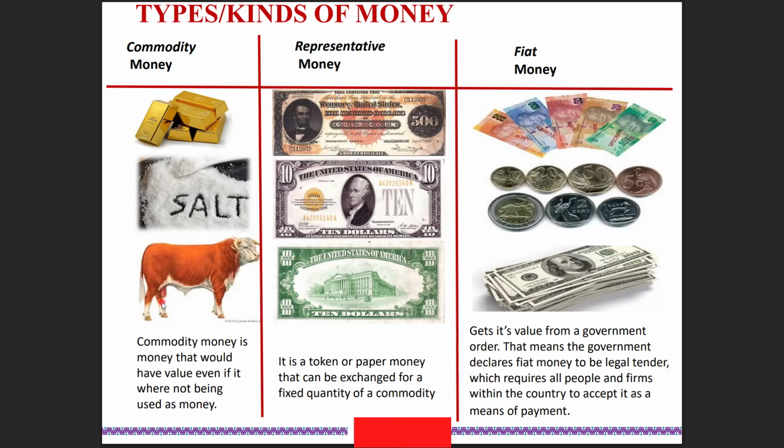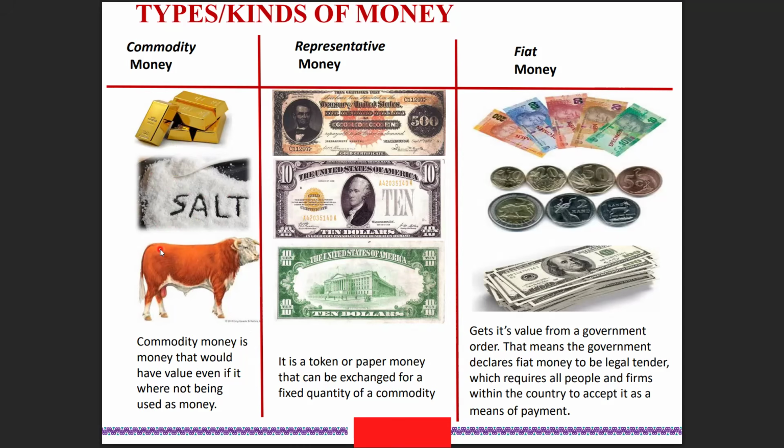In trying to solve that problem, they introduced commodity money, where they would use gold or cattle or even salt, because those were the things that had value at that time. So they would say, if you have maize meal, I can buy your maize meal with gold or with salt or with cattle, and so on. So commodity money is money that has value even if it was not used as money.